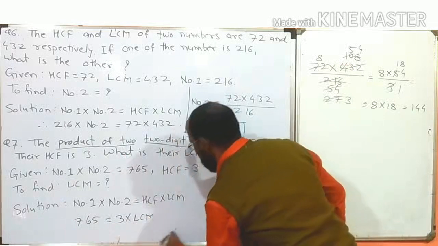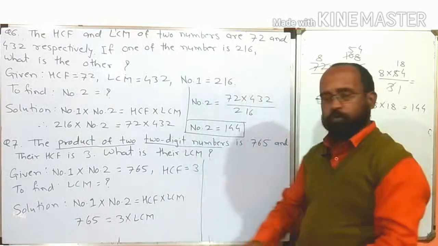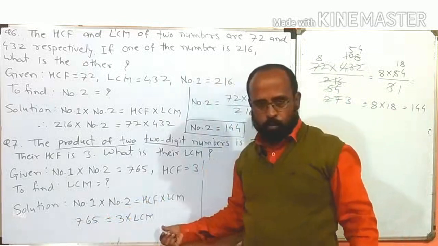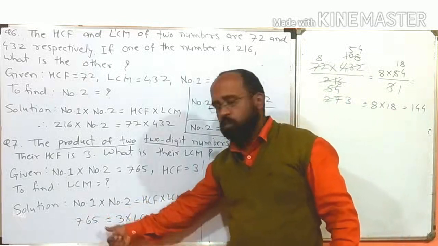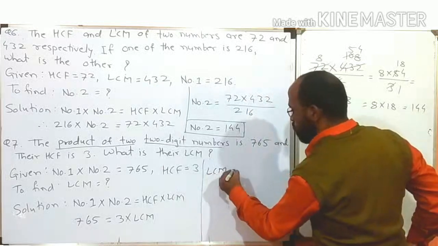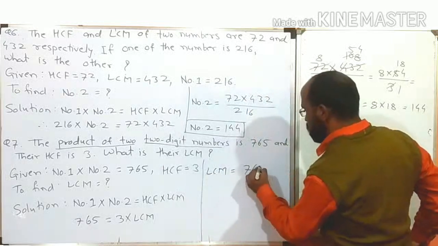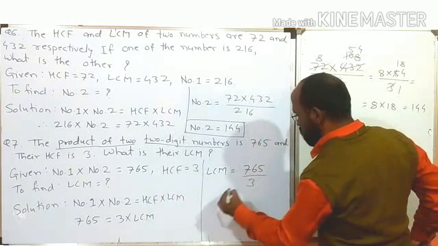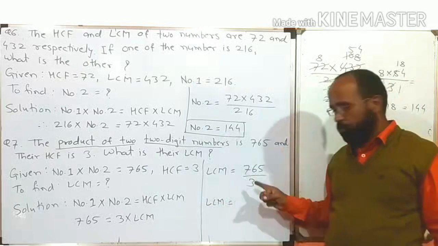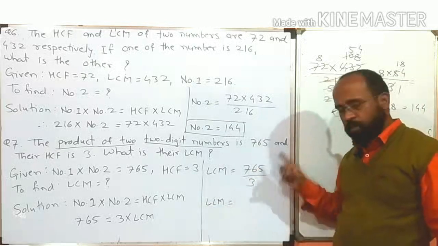LCM is not given. Now to find LCM, what we have to do? This 3 will change sides and LCM will be kept alone, and after changing sides 3 will divide. So LCM is equal to 765 upon 3, which means 765 divided by 3.